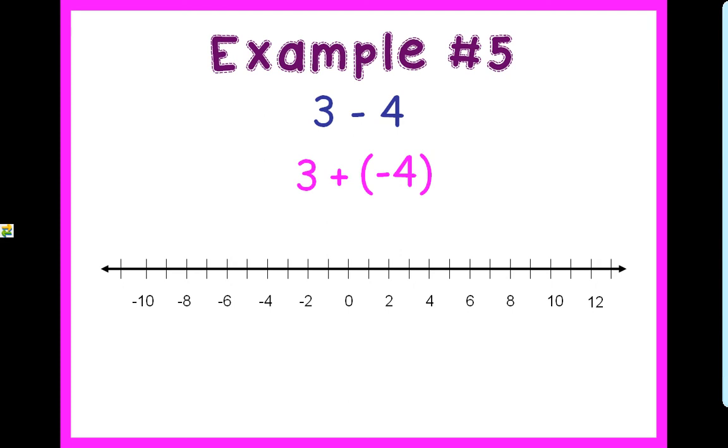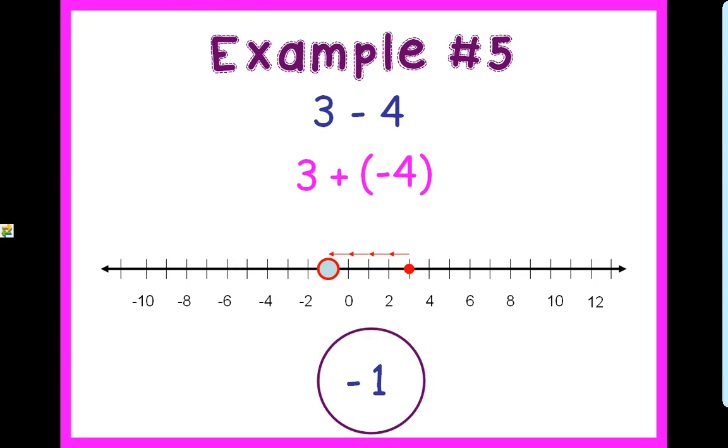We're going to start with that first number 3, and when we're adding a negative number, we're moving to the left. So we're moving to the left 4. 1, 2, 3, 4. That represents a negative 4. And now we end up at a negative 1. And that is our answer.